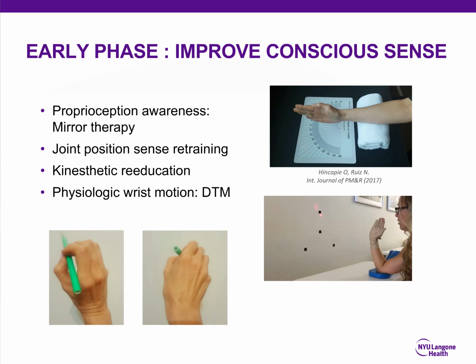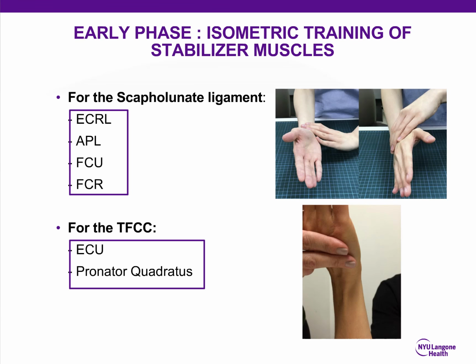In the case of the scapholunate ligament, we're going to work in a physiologic wrist motion, that is the dart throwing motion, from extension and radial deviation to flexion and ulnar deviation. It is important to know what are the muscles that are going to help stabilize the joints, the scapholunate joint or the TFCC.